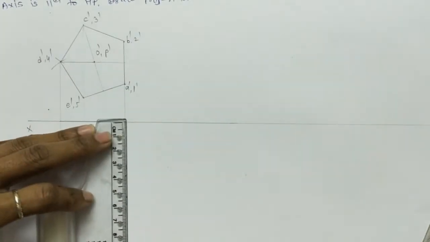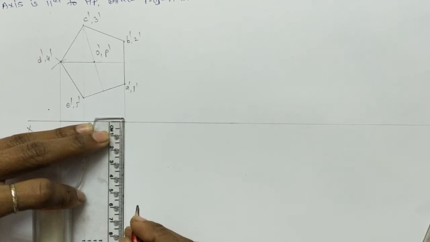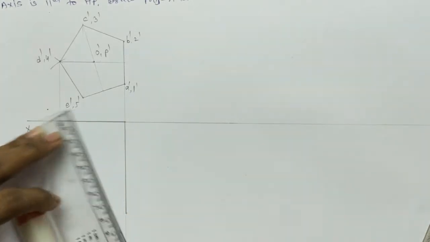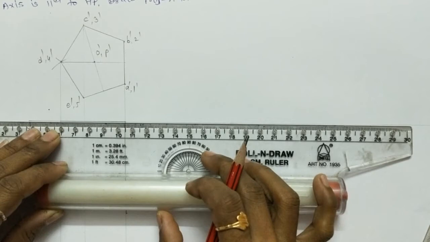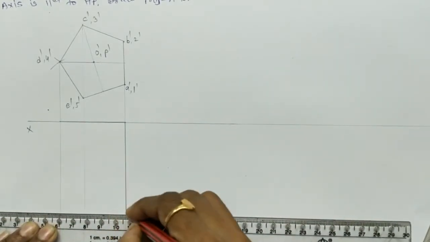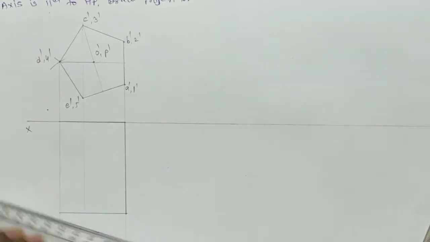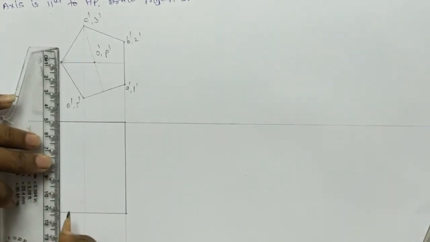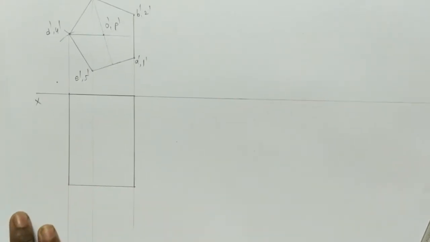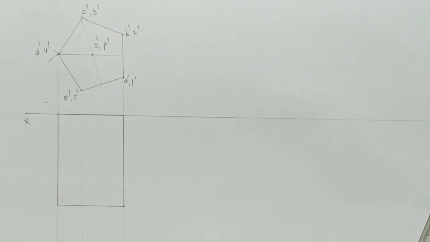Now height 65 is given. So this is the top view in stage 1. This is stage 1.